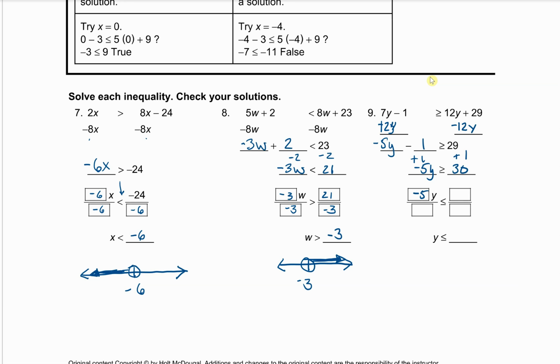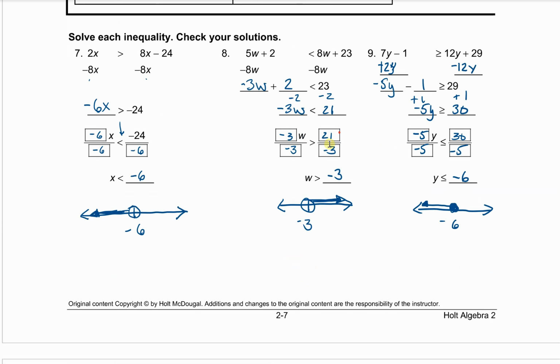So now when I divide by negative 5, the greater than or equal to becomes less than or equal to. And I get y less than or equal to negative 6. So again, on the number line here, there's negative 6. This time my circle is going to be closed, and my arrow is going to point to the left.